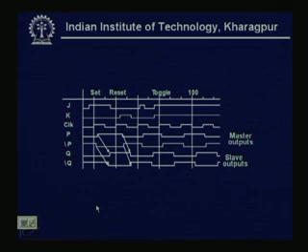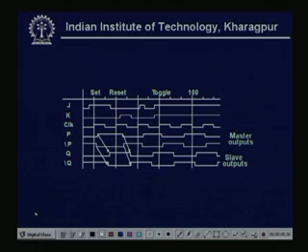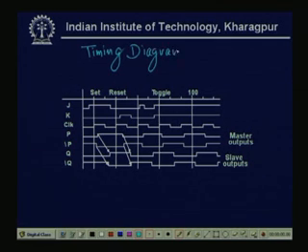Now, again if we see the timing specification, the timing diagram of the JK latch, the first one is taken as the J input.